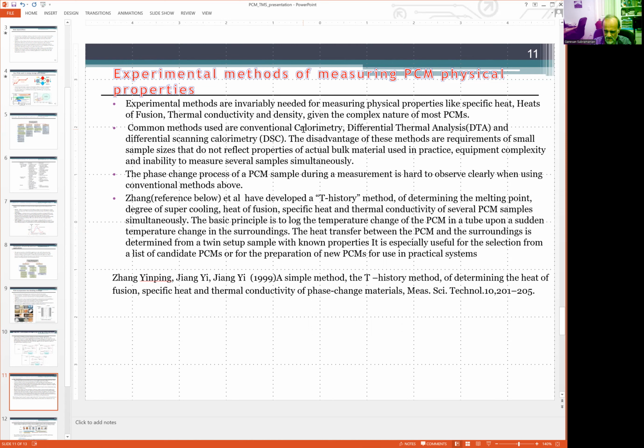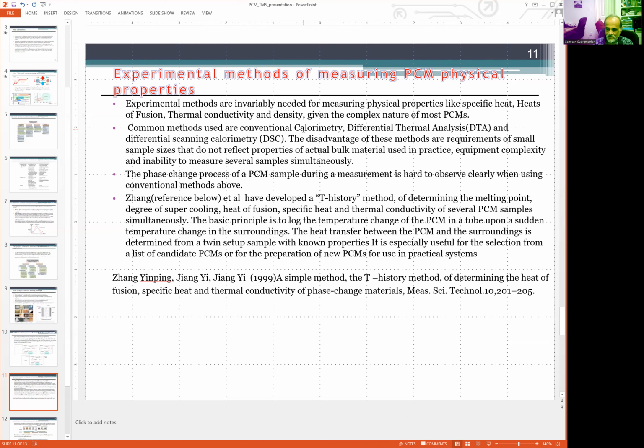Now, there's a new method that's been developed to overcome these disadvantages in determining melting point, degree of supercooling, heat of fusion, specific heat, and thermal conductivity of several PCM samples in parallel. The basic principle is to log the temperature change of the PCM in the tube when you impose a sudden temperature change in the surroundings.